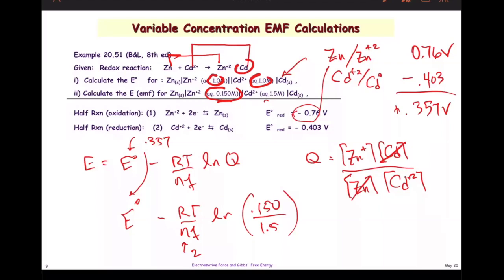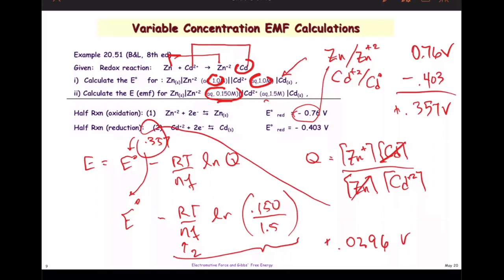So this whole term comes out to 0.0296 volts positive. And so if I add 0.357 to that, that'll be my potential under these non-standard state conditions.